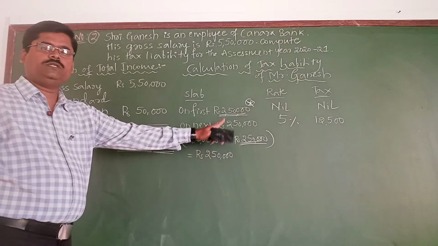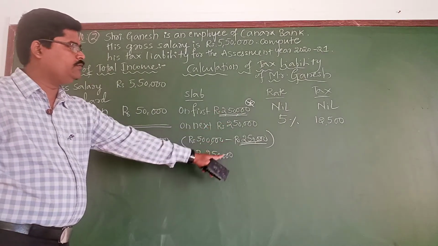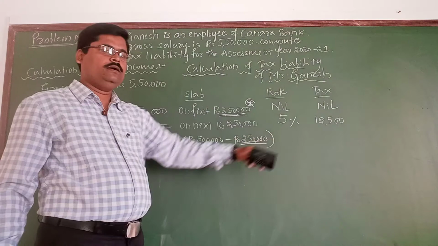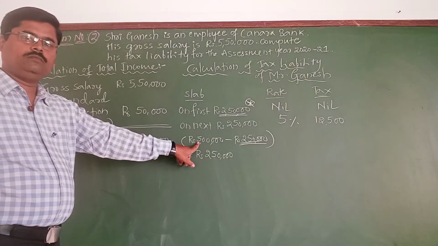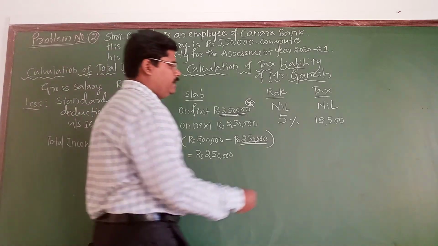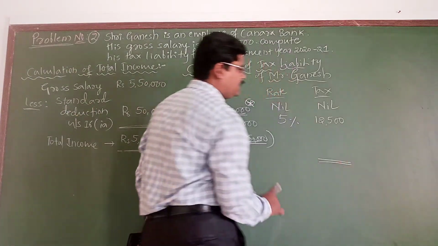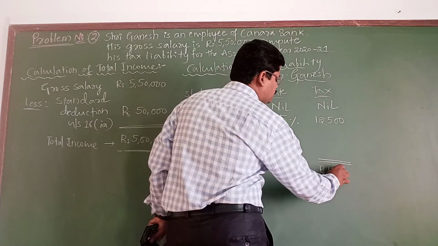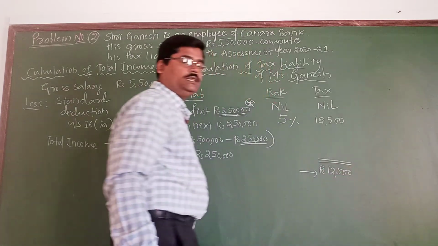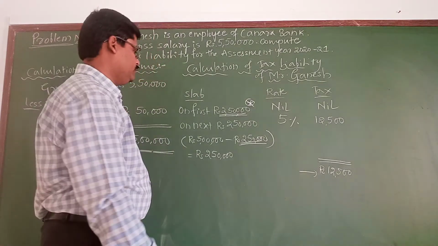On the first 2,50,000 there is no tax. The next 2,50,000 brings it to 5 lakh, and my total income is 5 lakh. Now this is my tax liability, Ganesh's tax liability. What is that amount? Rupees 12,500.